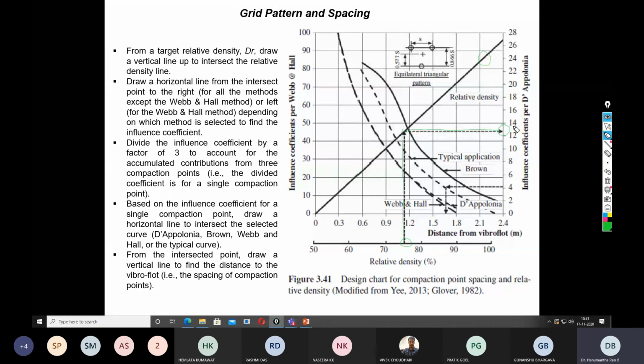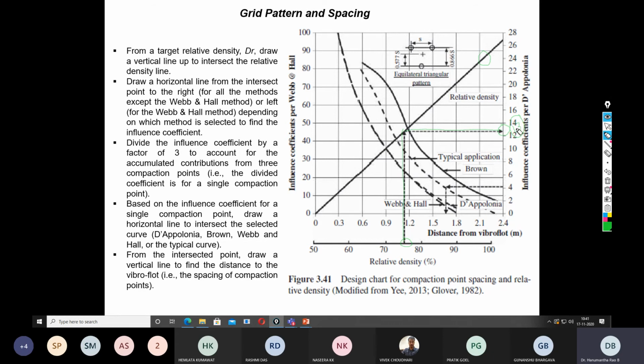Now this 13 should be divided by the number of probe locations. Draw a horizontal line from the intersection point to the right or left, according to the method that you are using. Divide by a factor of 3 to account for the accumulated contributions from the three compaction points.